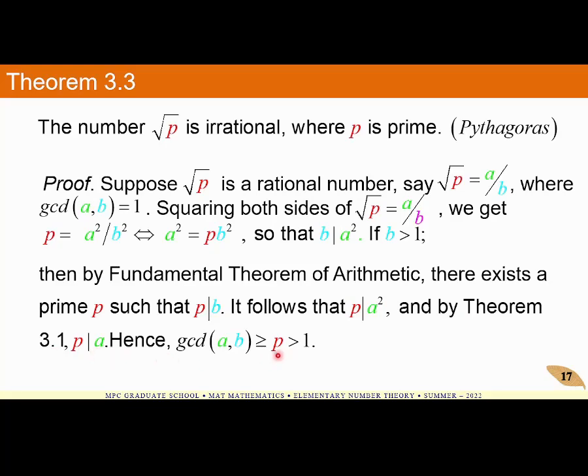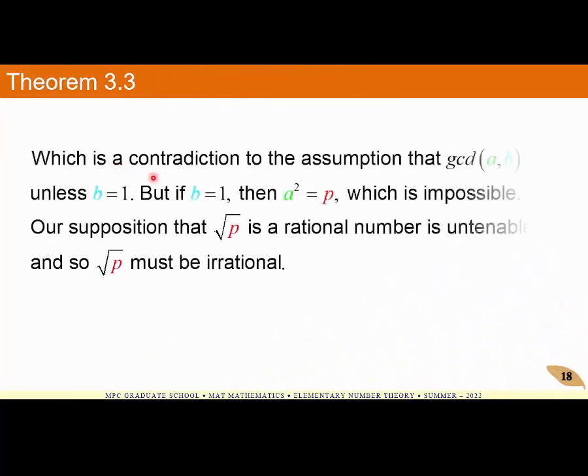Hence, p is less than or equal to the GCD of a and b but greater than 1, which is a contradiction to the assumption that the GCD of a and b is equal to 1, unless b is equal to 1. But if b is equal to 1, then a^2 = p, which is impossible. Our supposition that square root of p is a rational number is untenable, and so square root of p must be irrational. End of proof.